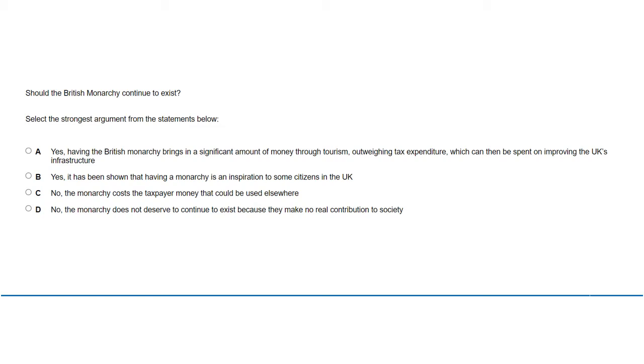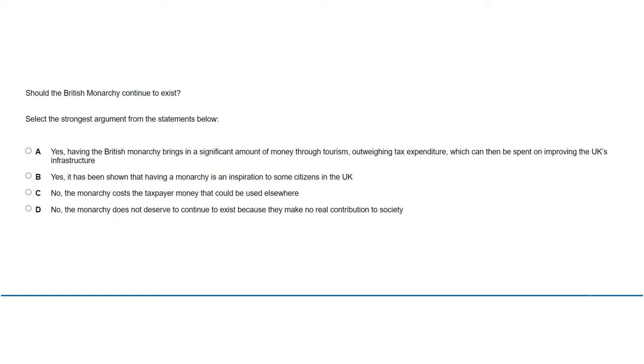In this one, you're straight away going to be drawn to A, because you can see that it gives a proper balanced argument. It talks about the fact that the monarchy brings in money, explains how it brings it in through tourism, and acknowledges that the monarchy also costs money in terms of taxation, but says that is outweighed by the money that's brought in.